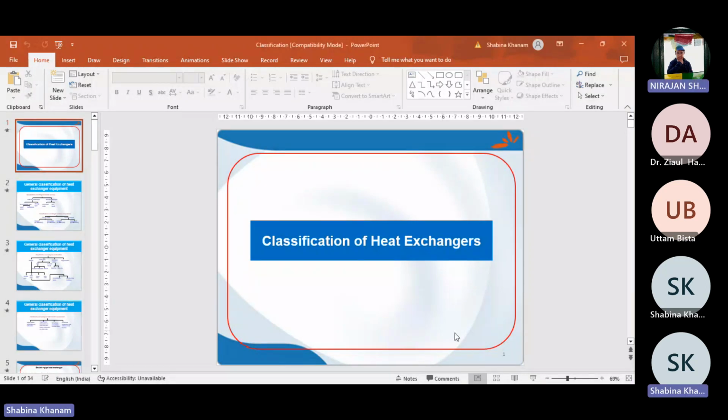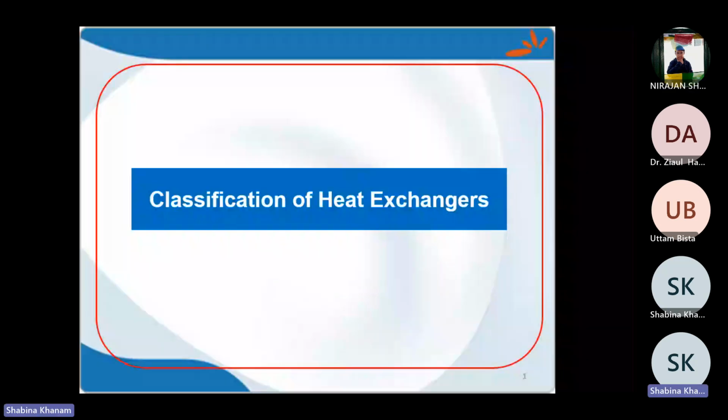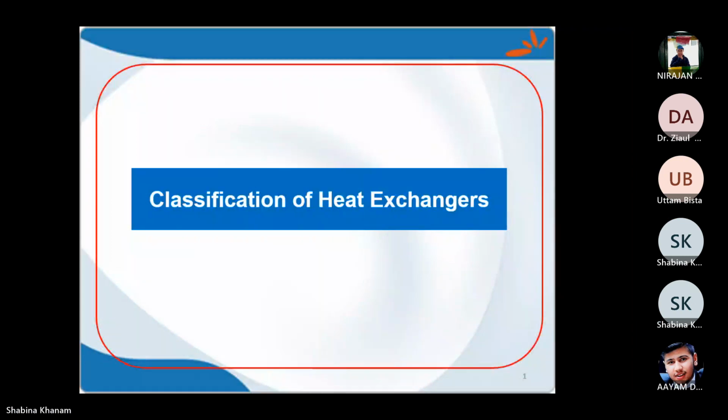The screen is visible. Yes, ma'am. The voice is also clear right now. Okay, PPT mode, can you read the content? Yes, ma'am. It's on the first page, classification of heat exchangers.